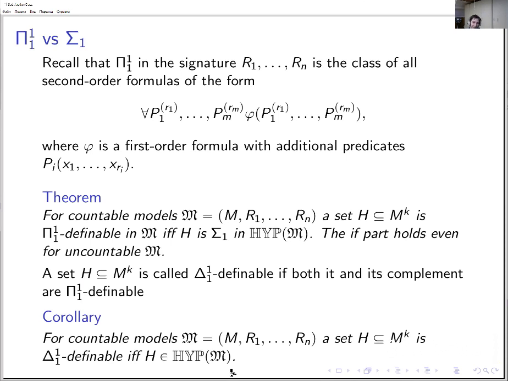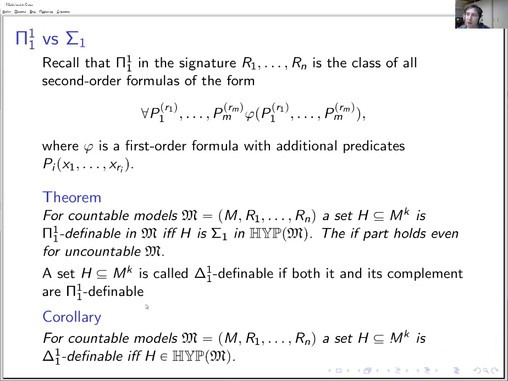Okay, and this is very easy to prove from the theorem. If a set is delta 1 1 definable, then we will have a sigma 1 definition for it and for its complement, and when we have a sigma 1 definition for the set and its complement, it's easy to construct the separating set. That means that it's delta 1 in terms of KPU, and KPU proves the axiom of delta 1 separation.